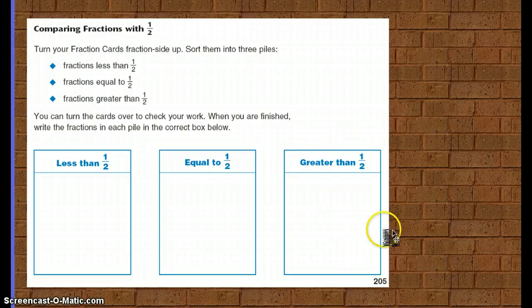Now on the bottom of your math journal, page 205, it's telling you that you can turn the cards over to check your work and put all the fraction cards that you have that are less than half on the rectangle that says less than half, and all your fraction cards that are equal to half in the middle box, and all your fraction cards greater than half. Again, you can check them quickly and easily by just flipping them over to make sure you put them in the right spot.